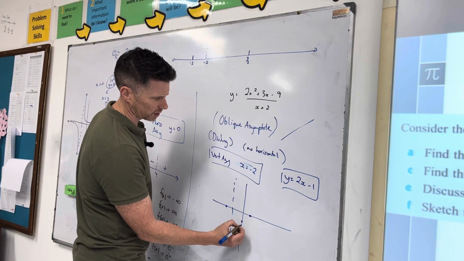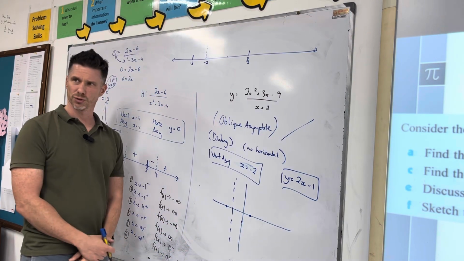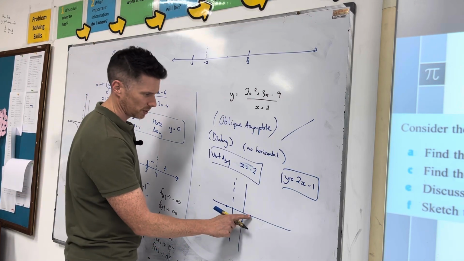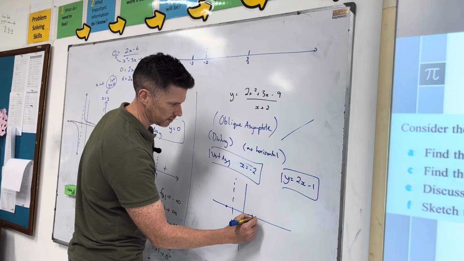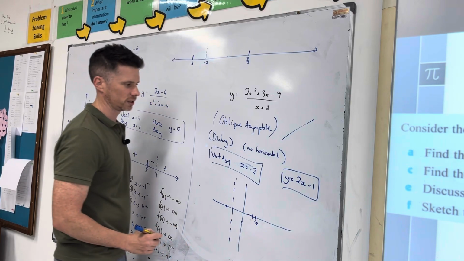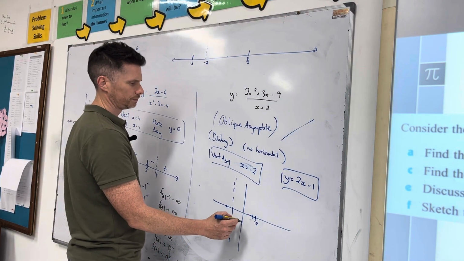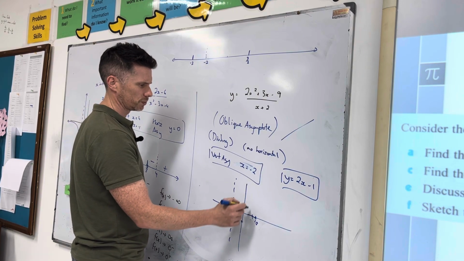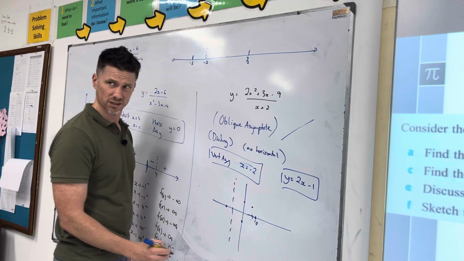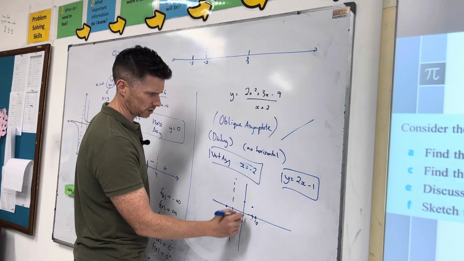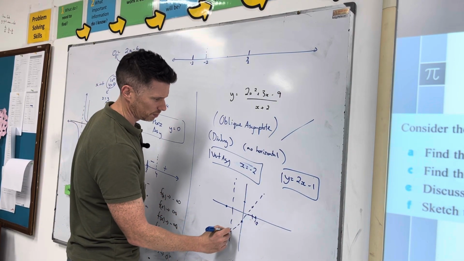It crosses at minus 1, and for every 1 box over, it goes up 2. Now, maybe I should move this a little bit, because that's 1.5. 1.5 is where it crosses. So for every 1 box over, it goes up 2. So it has to go through here. Does that make sense? So something like this is the oblique.